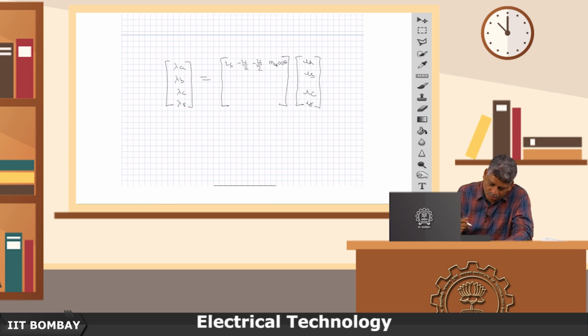Now, when you are talking of the B phase, the B phase current, its linkage with respect to A phase has a mutual inductance of minus Ls by 2.